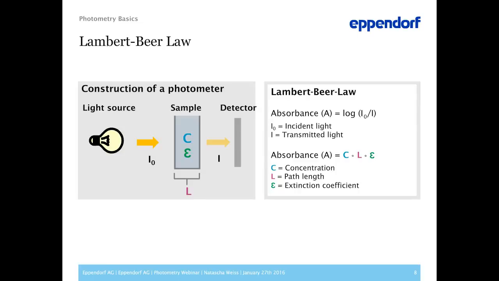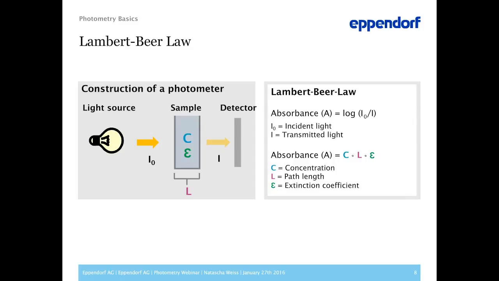It describes the distance traveled by the light. Epsilon is the molar extinction coefficient, which is a physical constant of a molecule. It is used to define its ability to absorb light of a specific wavelength. I will come back to this coefficient later.